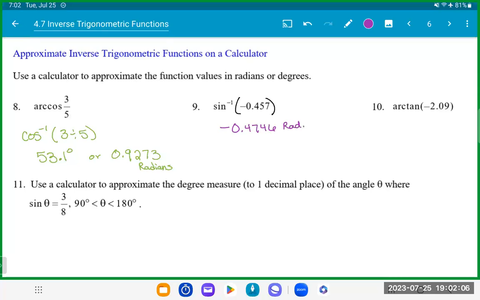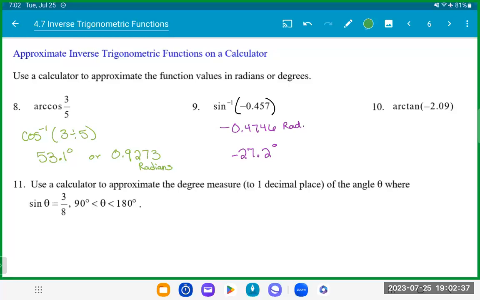If you happen to do the degrees, you can just push the key and switch it. You shouldn't have to retype it. In degrees, is it negative 27.1937? Yep. So we'll just put negative 27.2 degrees. Anybody have questions on that?